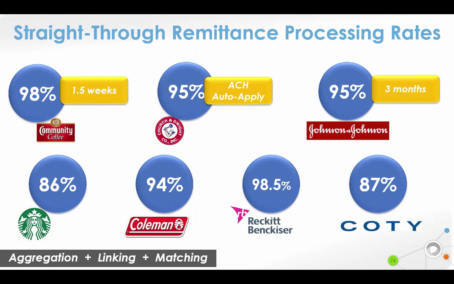For Johnson & Johnson, over the course of 3 months, we were able to get them up to 95% straight-through processing. For Starbucks, they were able to achieve 86% straight-through processing. Coleman, the makers of lanterns, who also make a lot of camping equipment and supplies, were able to achieve a 94% straight-through processing rate.